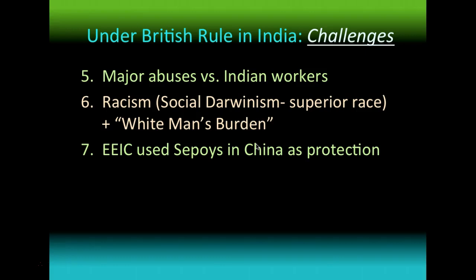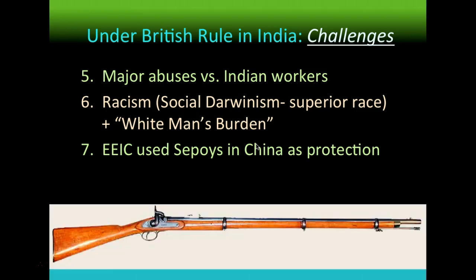A problem with this is that the majority of the sepoys are Hindu, and they believe that if they die outside of India, their soul will not be reincarnated and they will not go to the next life, which is a really big fear for a lot of Hindus. And then lastly, the Enfield rifle.